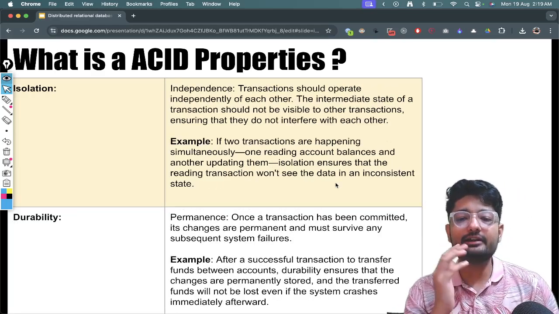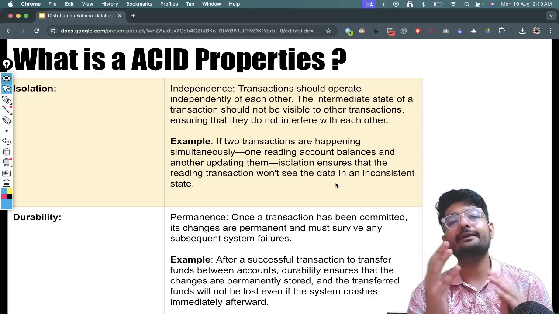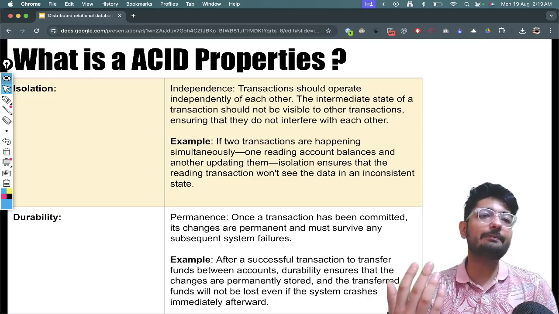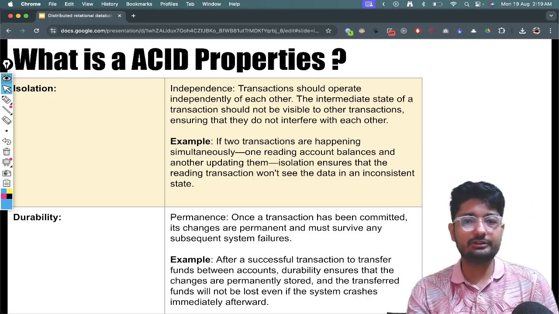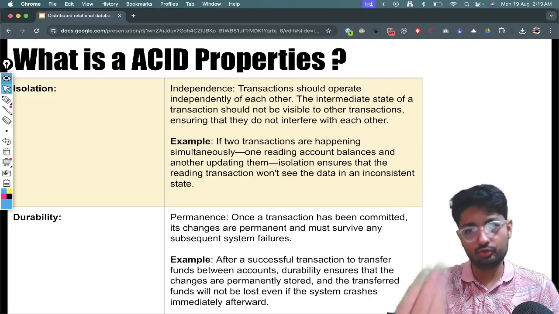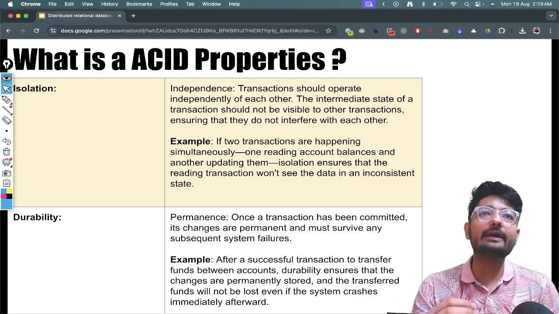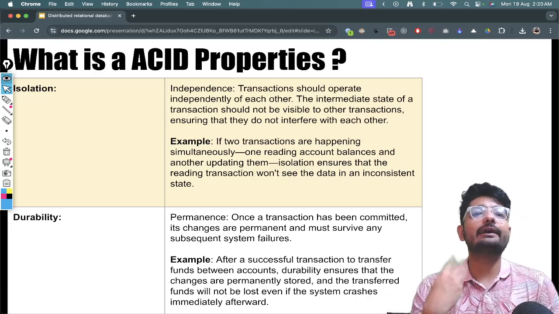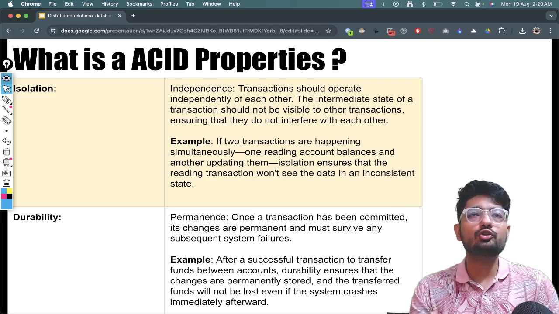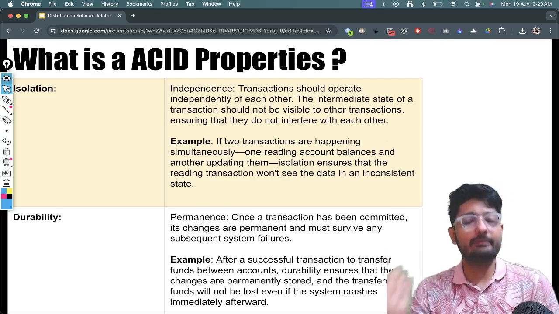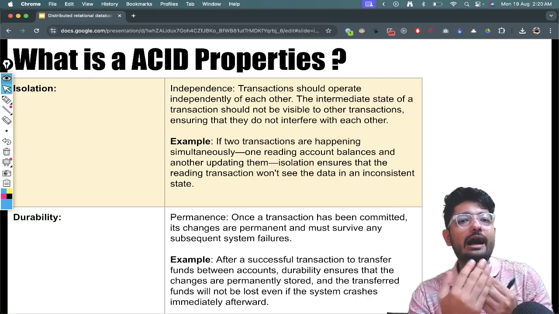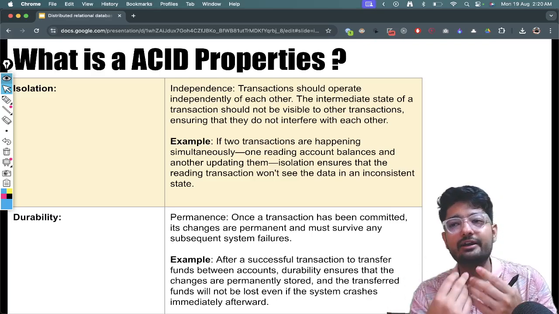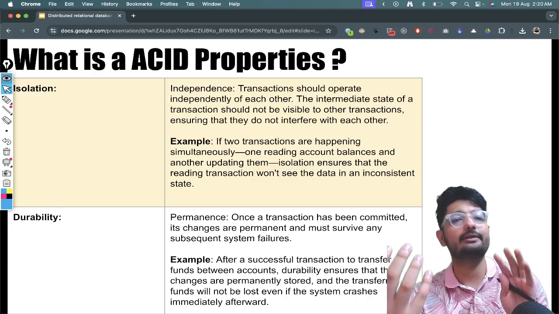Isolation means that transactions should operate independently of one another. It should not happen that I am doing a transaction of giving money to you, and at the same time another transaction happens where you are, let's say, withdrawing money. Whenever I am doing a transaction, your account and my transaction should be in an isolated manner.